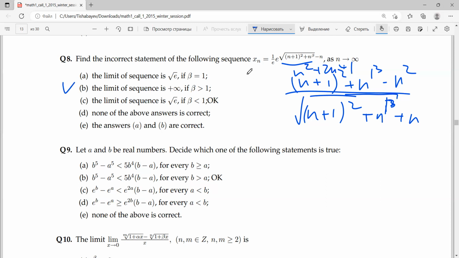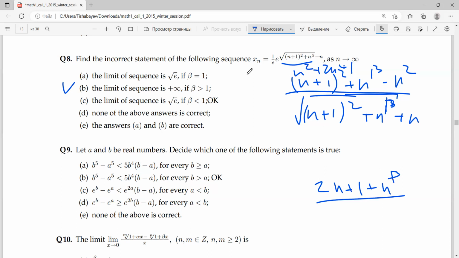Now, if beta is 1, what do we have here? As the greatest power, after cancelling we have 2n plus n to the power beta in the numerator.